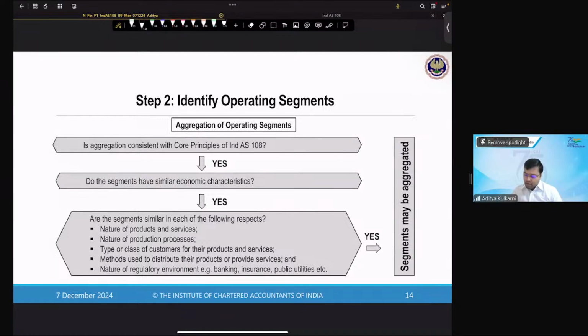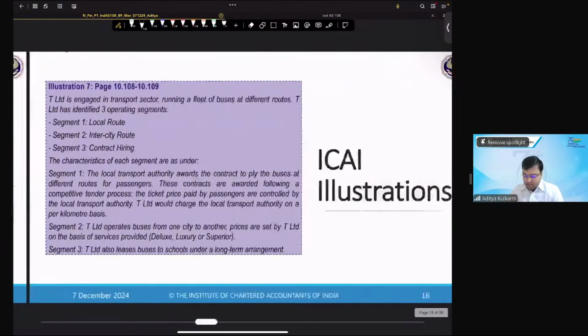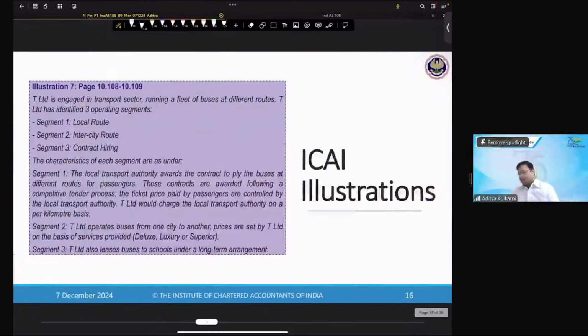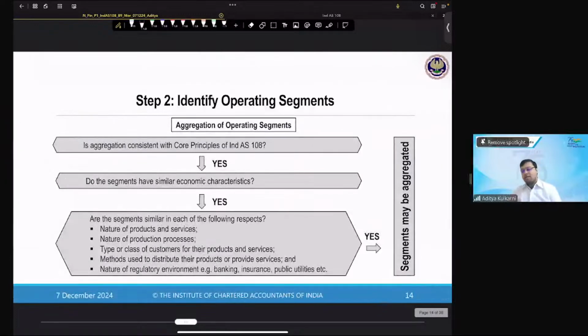And now we come on to the next one. That is the aggregation criteria. What we will do is, Step 2 we will complete in totality, and then we will take a short break and then complete the remaining 2 steps. Okay. Disclosures, there is not much, it's only disclosure of data, so I don't have to teach anything there.